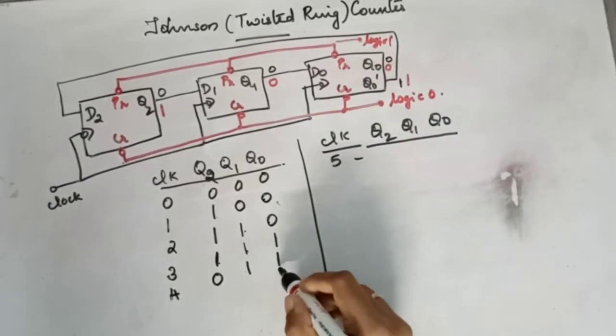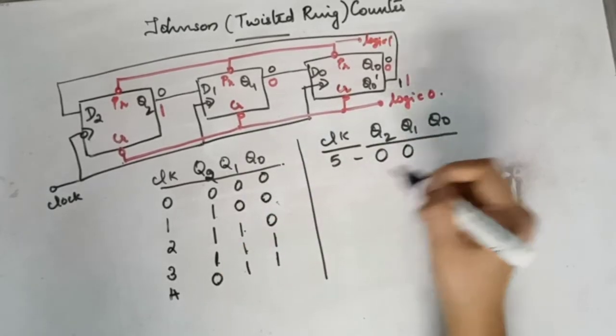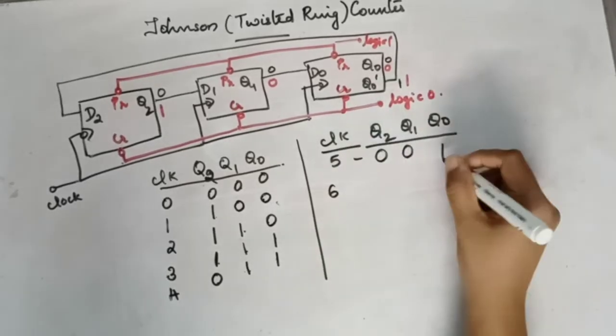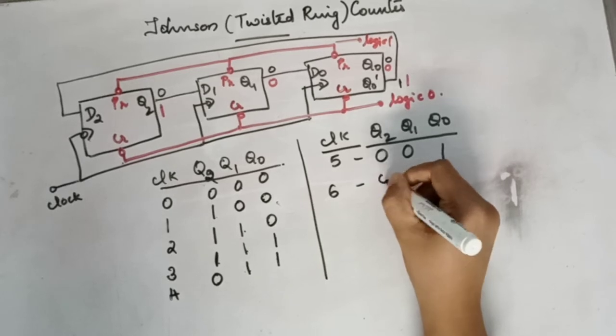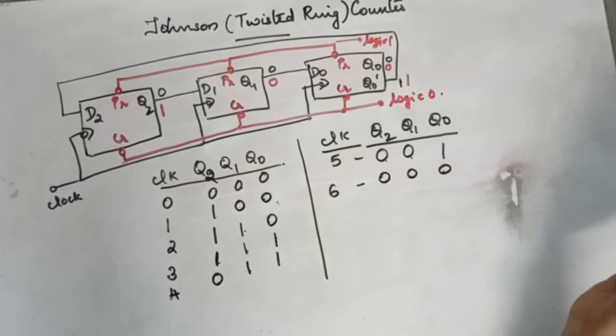So Q0 dash is again a 0. So 0. This 0 comes here. This one comes here. Next clock pulse, Q0 dash is again 0. So 0, this 0 comes here, this 0 comes here.